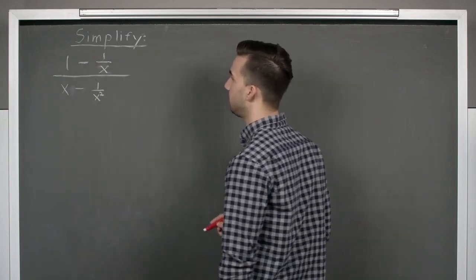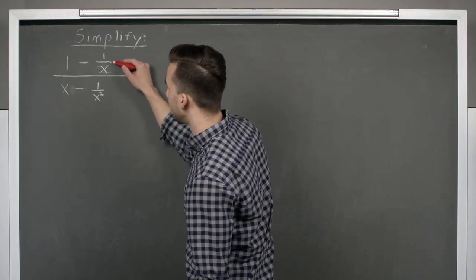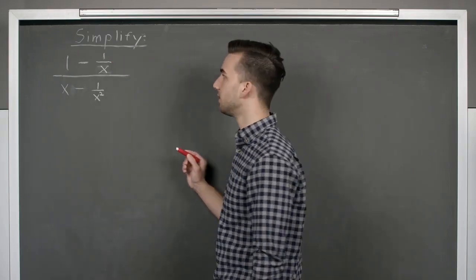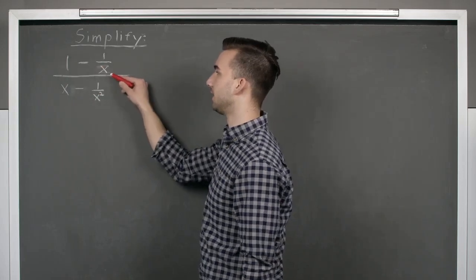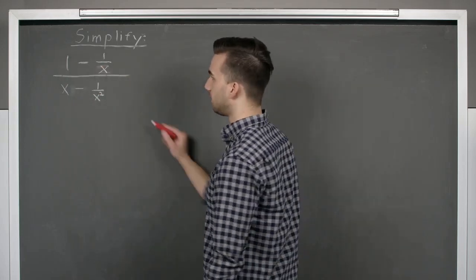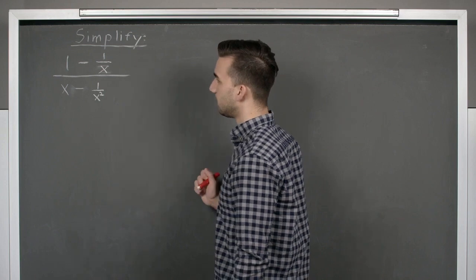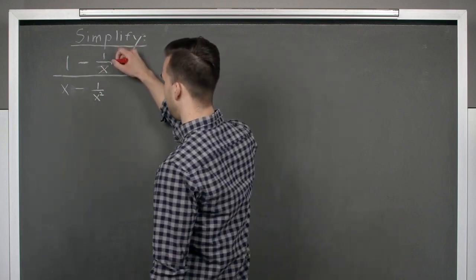What do we need to do for the top? Well, the best thing we can probably do is multiply this over here by the common denominator and combine it into one fraction. So let's go ahead and do that.